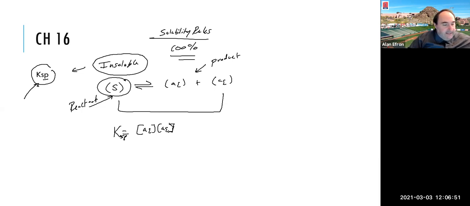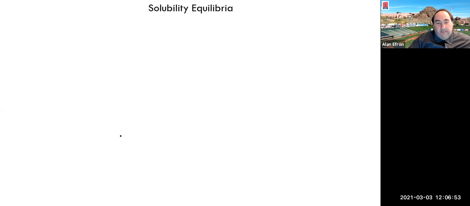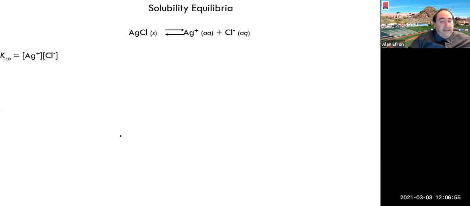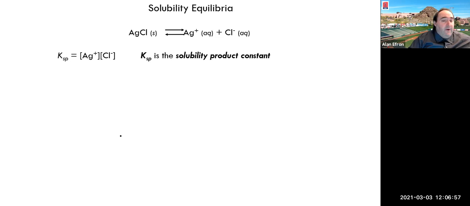Again, it's really just an equilibrium situation. It just happens to be for things that are insoluble. If we look here at something like silver chloride, this is typically how it would be set up: solid on the left-hand side, aqueous ions on the right, which means it is just the products involved when we do KSP.